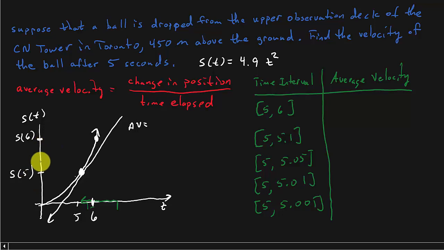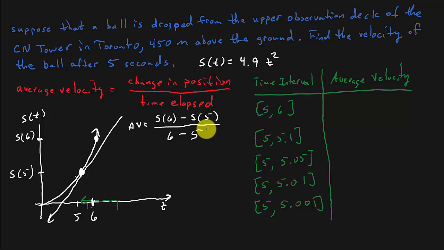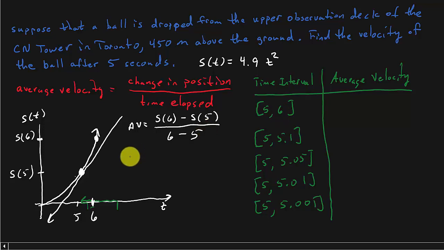So the change in position here, that would be what? S of 6 minus S of 5 over the time elapsed. Well, that's just the 6 minus the 5. You see that? Okay. It's just 1 second. And so the average velocity would be 4.9 times 6 squared minus 4.9 times 5 squared over 1, 6 minus 5.